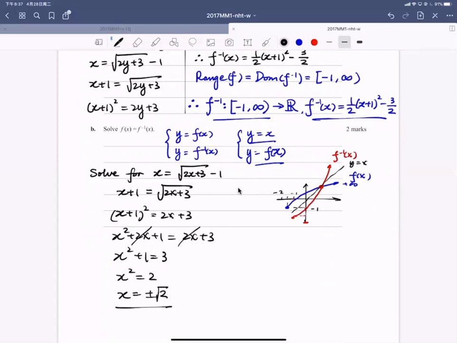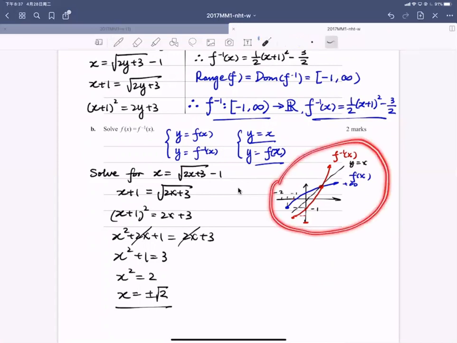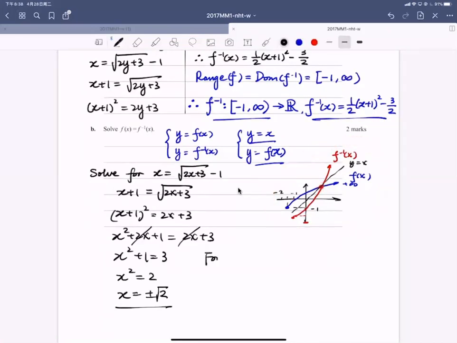However, guys, be very careful. If you look at your rough sketch here, you know there is only one point of intersection, which is in the first quadrant. So, for f and f inverse to intersect each other, x must be greater than or equal to -1, and you can observe that from its domain.